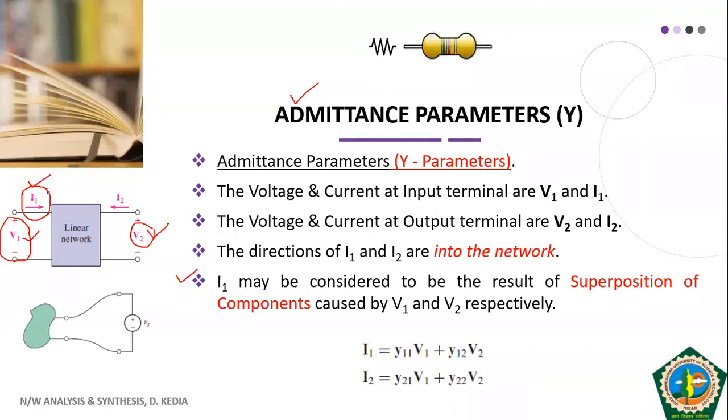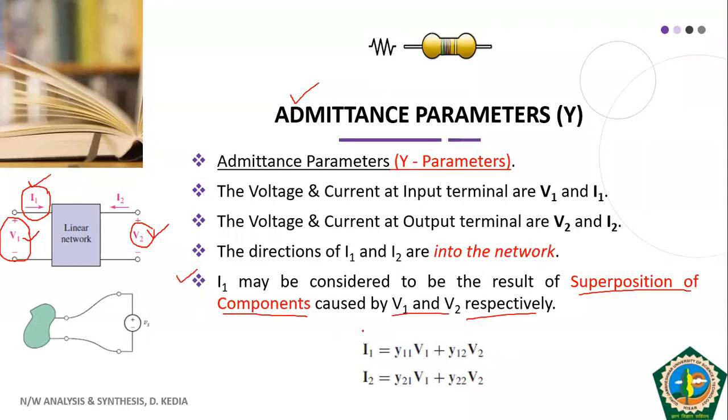So we will first apply V1, remove V2, and find the component. Then we will apply V2, calculate the current component for V2, and V1 is not present in the circuit. As a result, I1 may be considered as the superposition of the components caused by V1 and V2 respectively.